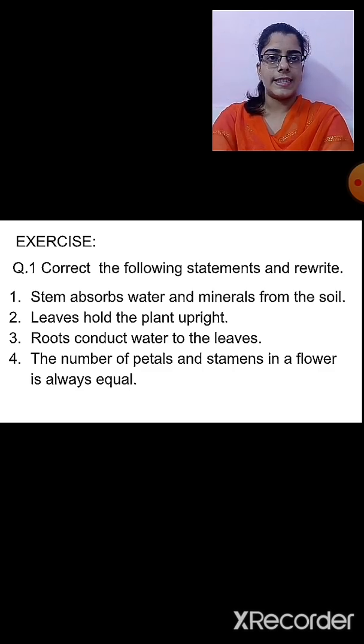No. Stem conducts water to the leaves. Fourth statement, the number of petals and stamens in a flower is always equal. Do flowers have the same number of petals and stamens? No. The number of petals and stamens in a flower is not always equal.